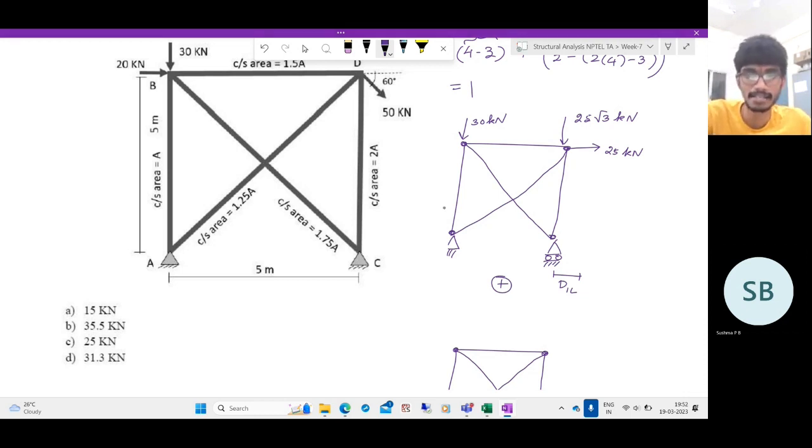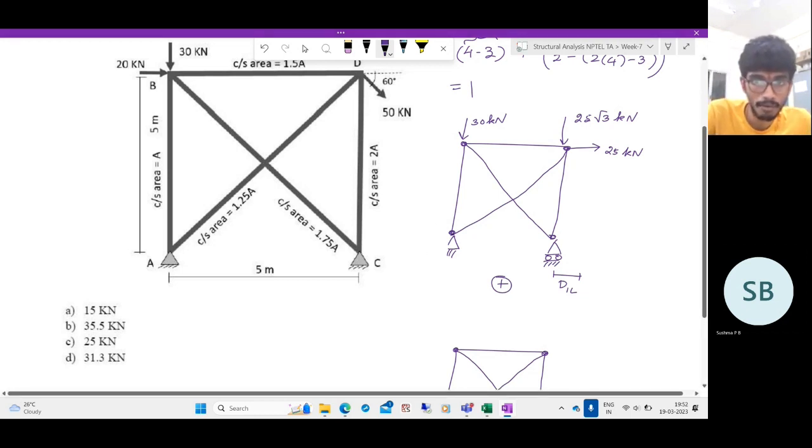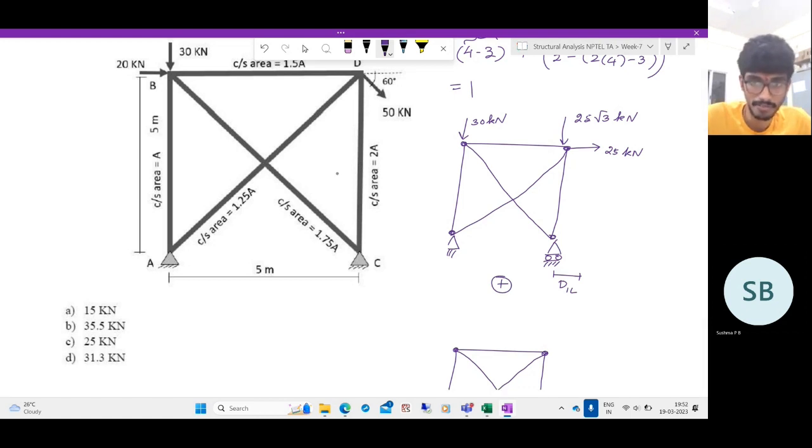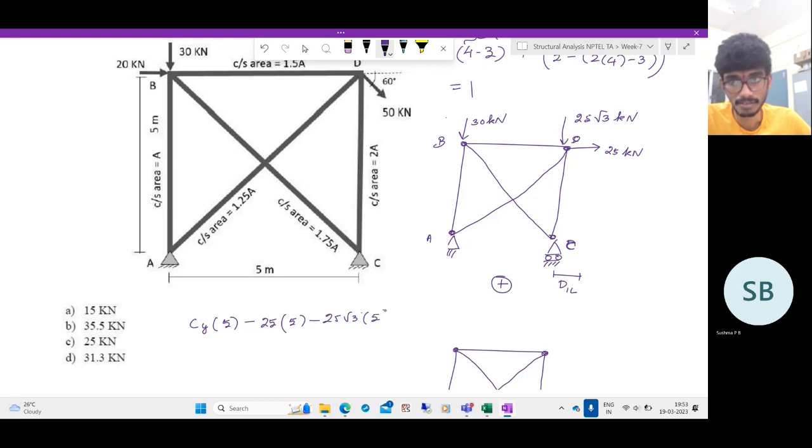If you take moments about the point A, so this is B, we get Cy acting at 5 meters, minus 25 acting at 5 meters, minus 25 root 3 acting at 5 meters, equal to 0.